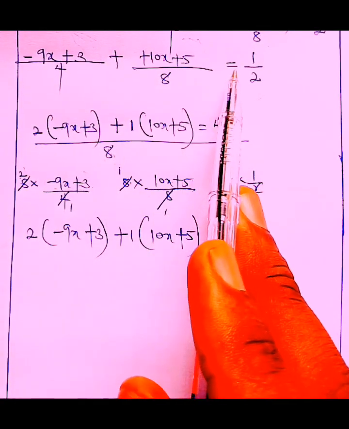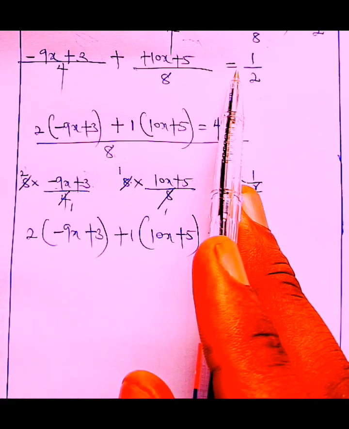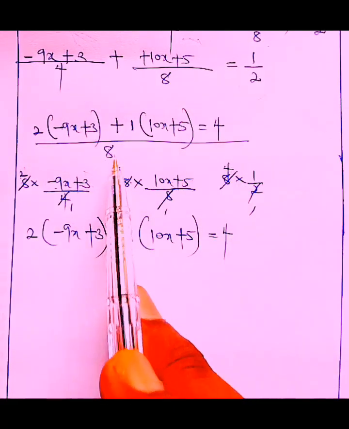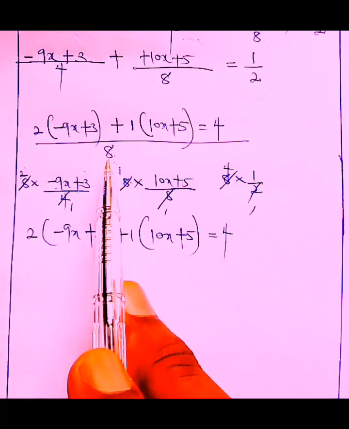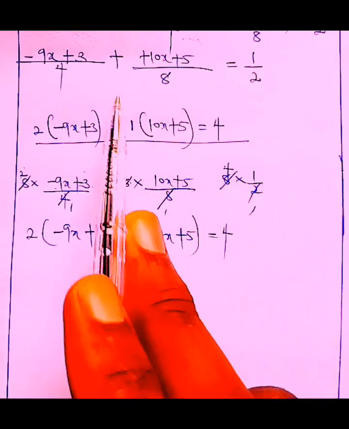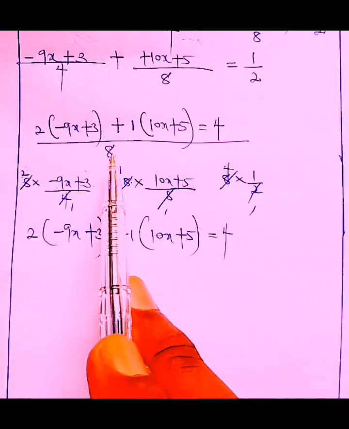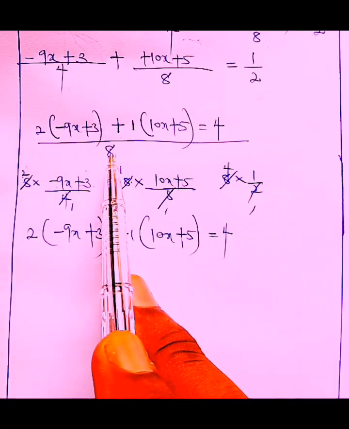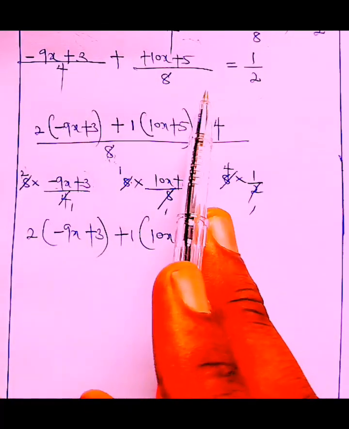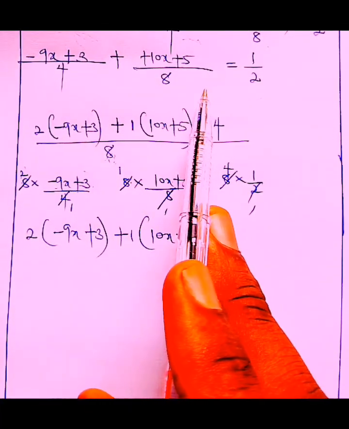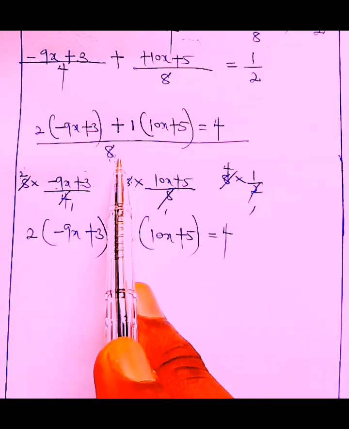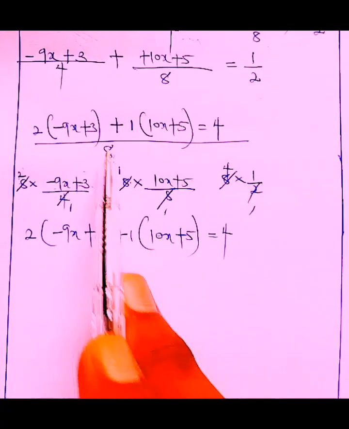Whenever we have an equality sign, it's going to take off the LCM or the denominator. Whenever we're dealing with an equation, the denominator or the LCM is not going to matter. If what we're working with is an expression, this will remain. But this is an equation, so the LCM or the denominator goes off.